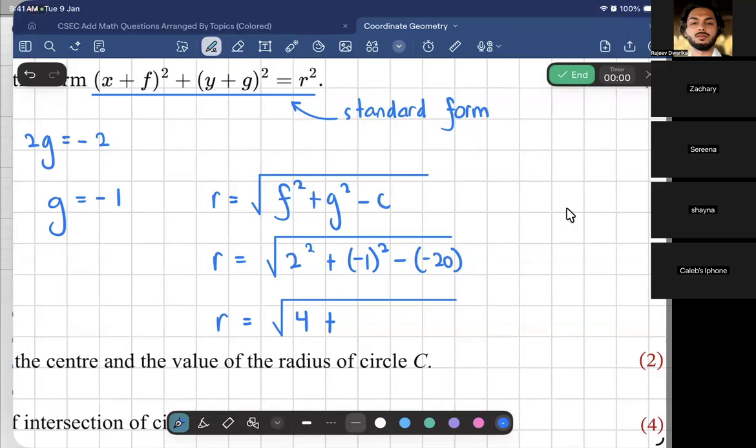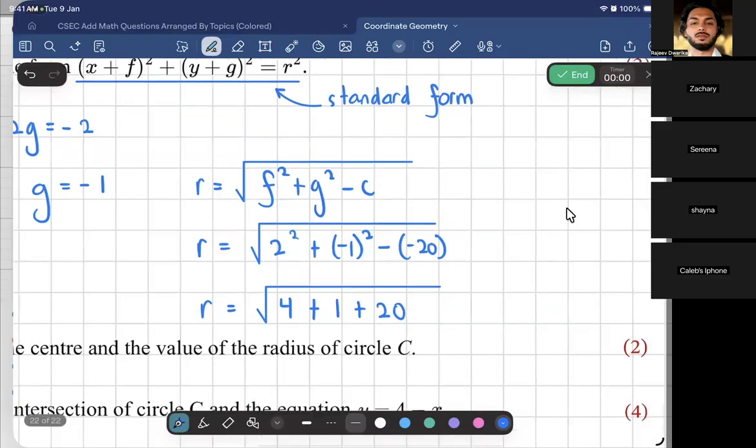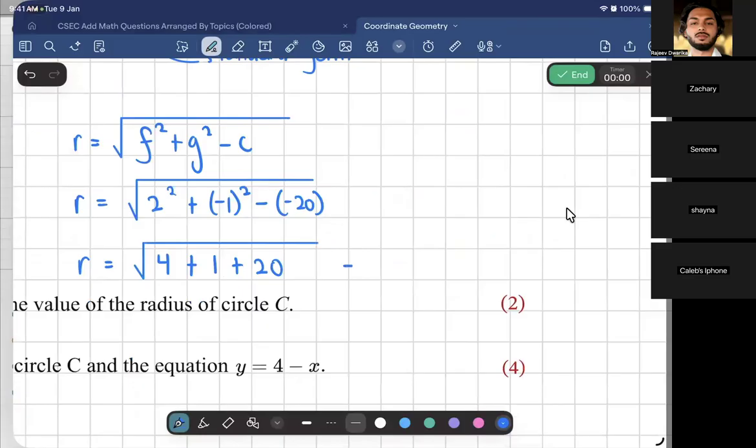You're saying that minus 1 squared is minus 1? No, positive 1 because of the two negatives. And where's minus minus 20? Plus 20. So 4 plus 1 plus 20 is 25. What's the square root of 25? 5. Cool.